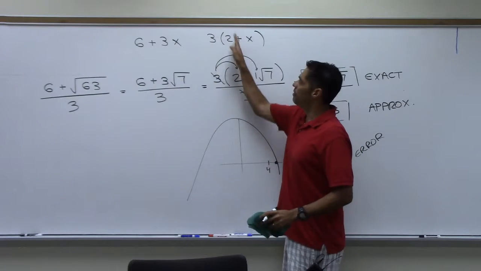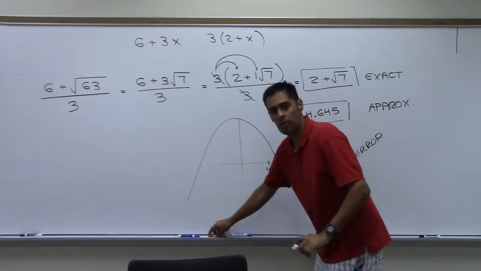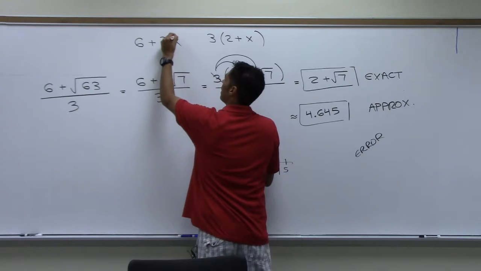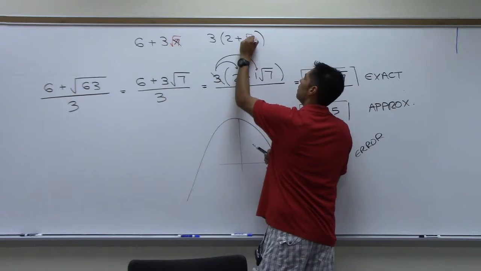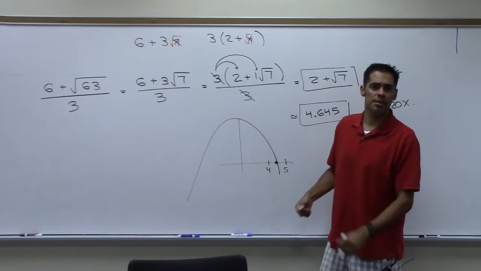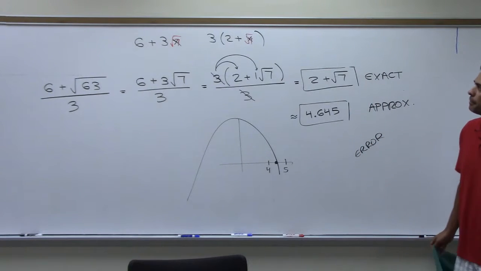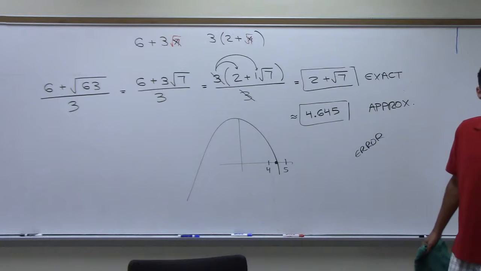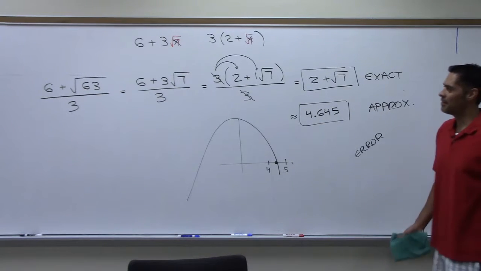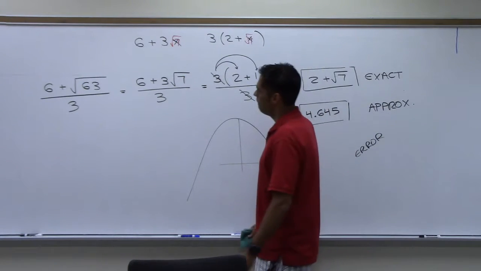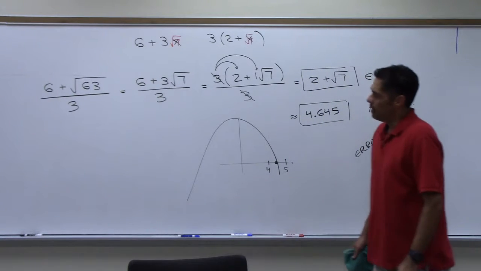And then you distribute that through? Okay. You all right with that? This x is that root 7. Okay. Now do you see it? I see that. Okay. I didn't know you could do that. You can. Yep. Yep. All right.